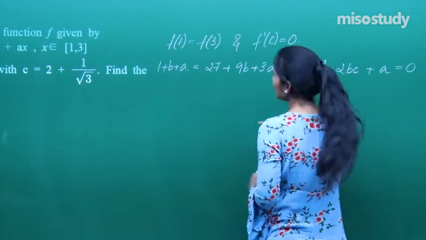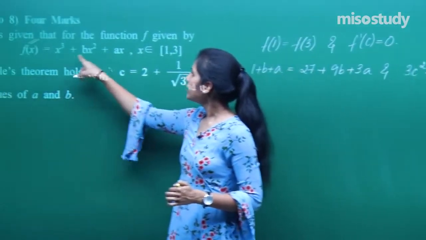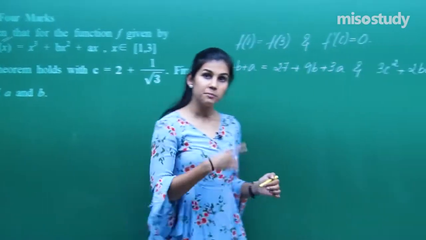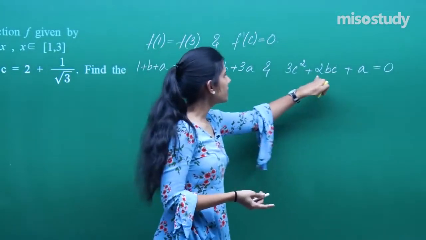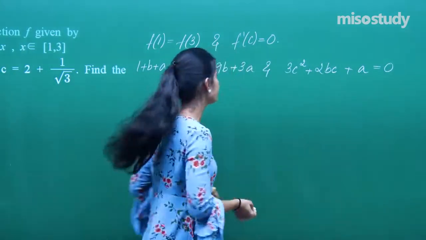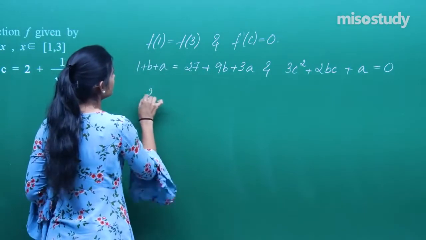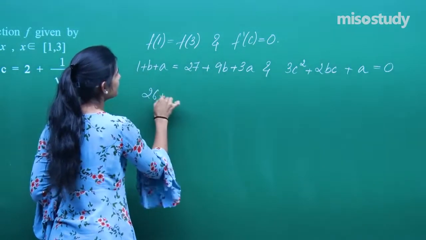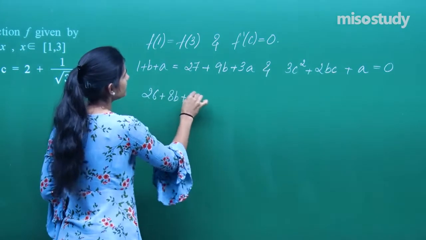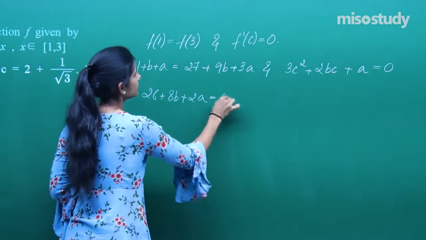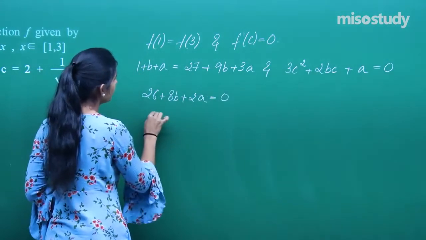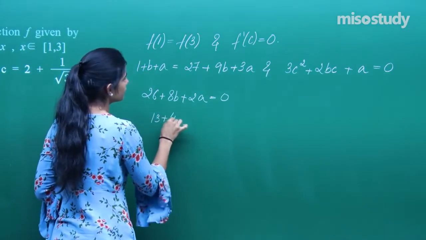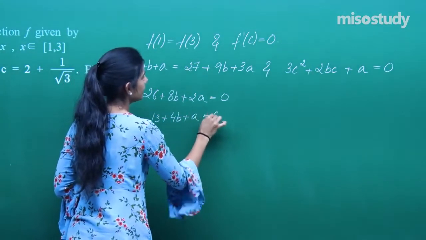This is f dash c. 3x square plus 2bx plus a, in place of x put c: 3c square plus 2bc plus a equals 0. From f(1) equal to f(3): 27 minus 1 is 26, 9b minus b is 8b, 3a minus a is 2a. This is equal to 0. 2 comes out common, you're left with 13 plus 4b plus a equals 0.